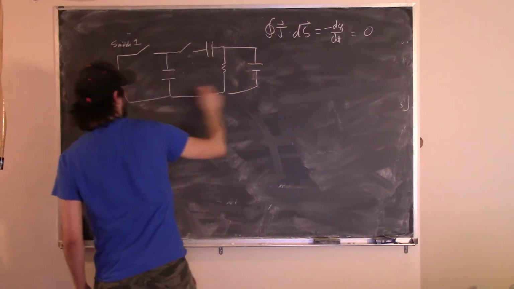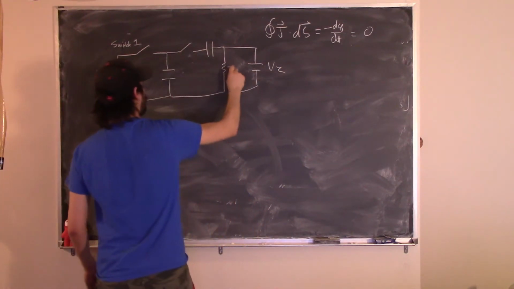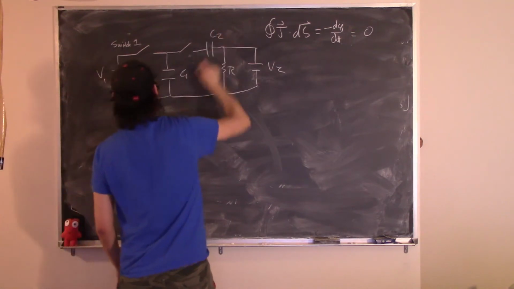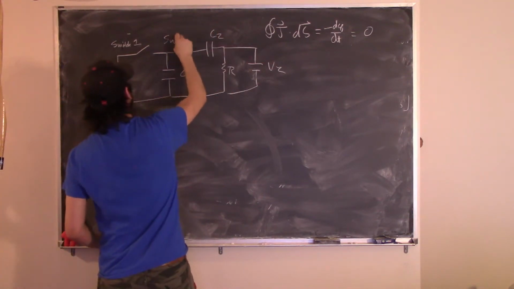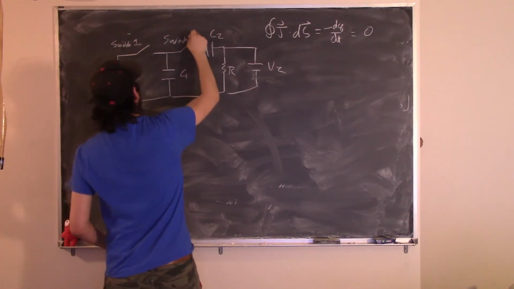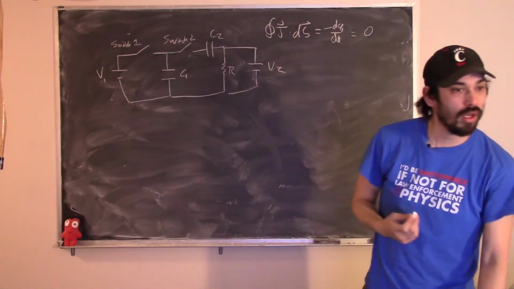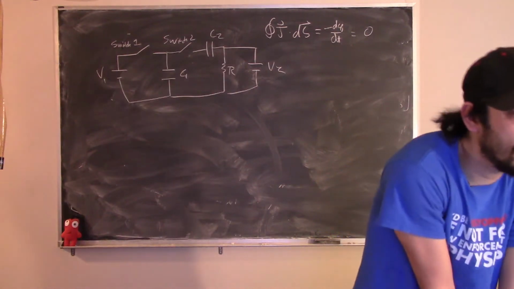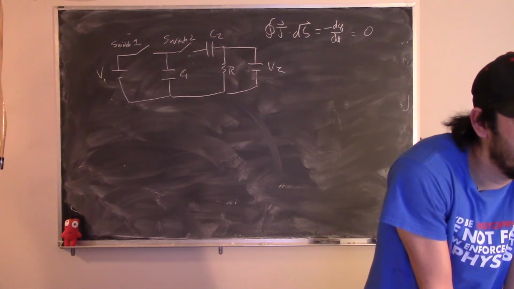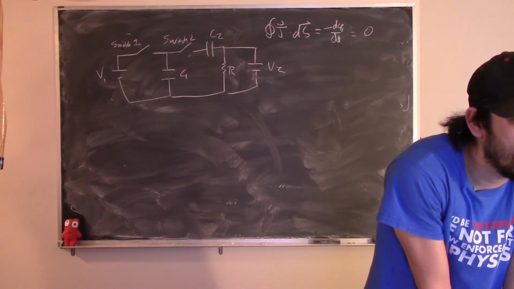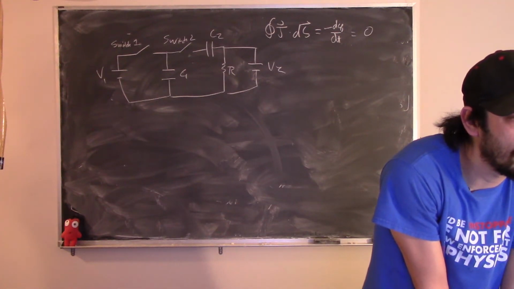This is V1, this is V2, this is R, this is C1, this is C2, and this is switch 2. Okay. So what you're still having trouble determining the sign of the current and the other components, V and C, and equating the currents at the junction.